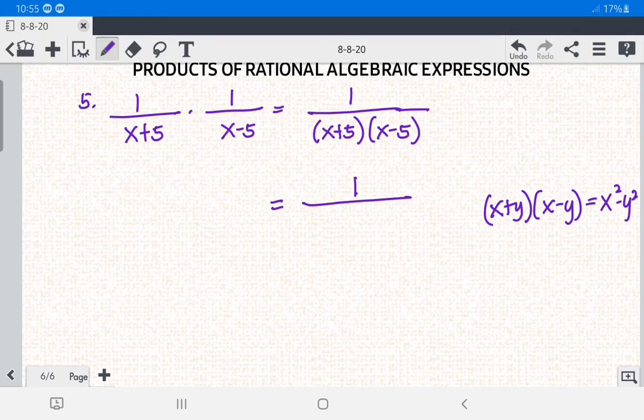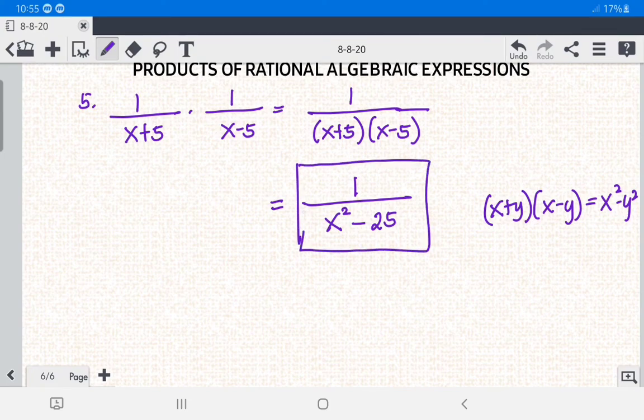In this case, we can now write this one into difference of 2 squares. So that is x squared minus 5 squared, that is 25. So this is the answer. So you will just square the first term and then the second term and then subtract it. Okay? So this is the answer for number 5.